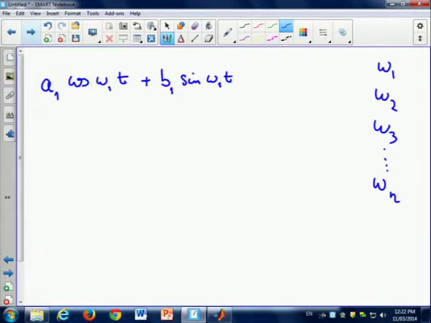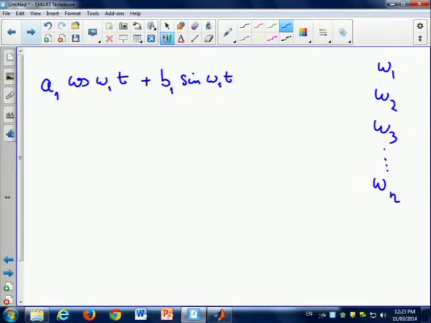The values of A1 and B1, these are two numbers, have to do with how present that frequency is in the synthesis. If they're very large, you're going to hear that frequency very loud, and if they're very small, faint.